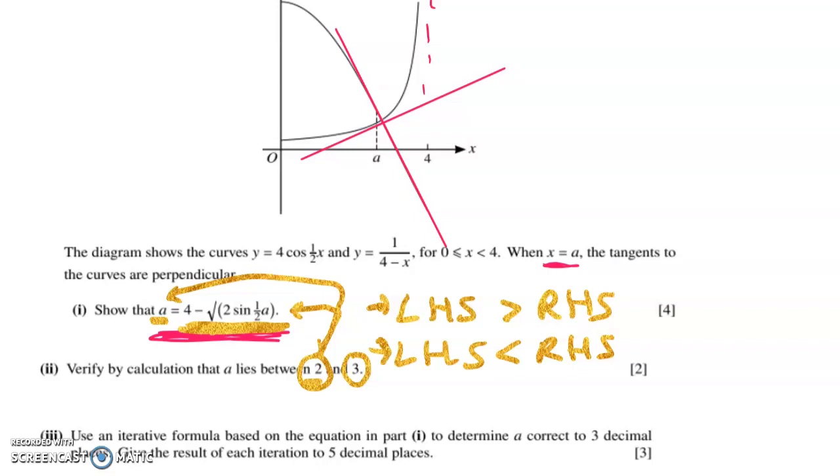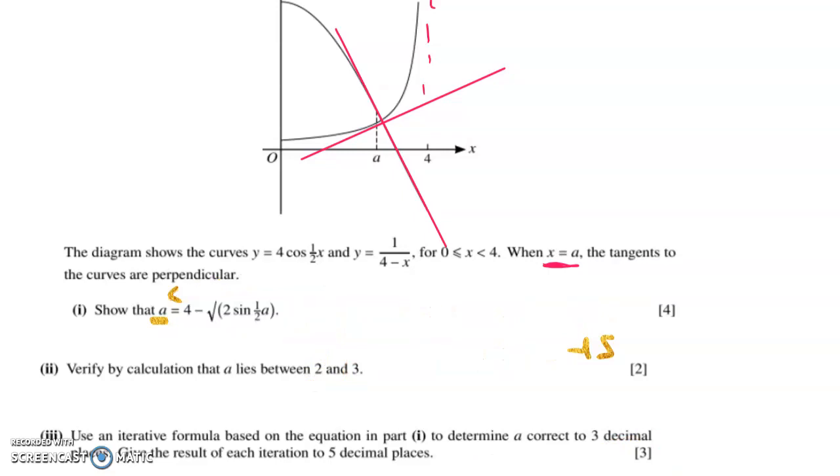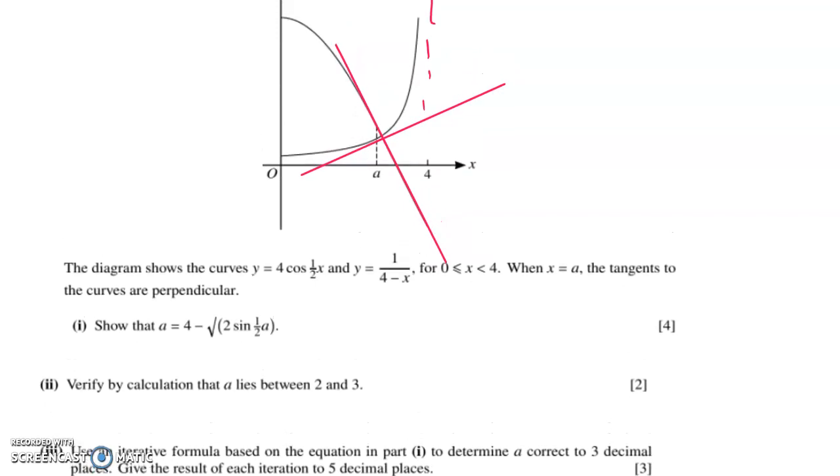Then we have to do our usual using the iterative formula based on the equation up there. This is the boring part for 3 marks that you've got to be careful with. The trickiest bit in this video is the first 4 marks. What do we have to do? We need to show something about the tangents to the curve, so we're going to start off by differentiating and get the gradient for this curve and the gradient for this curve.